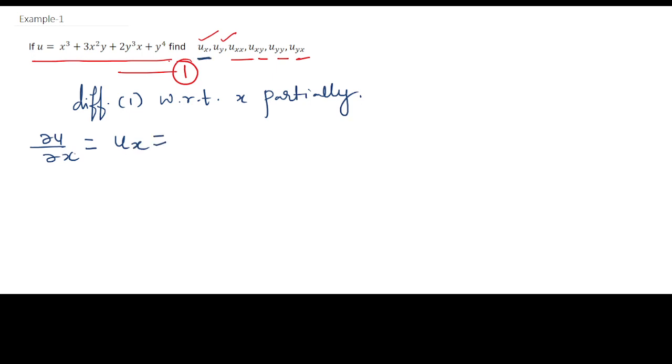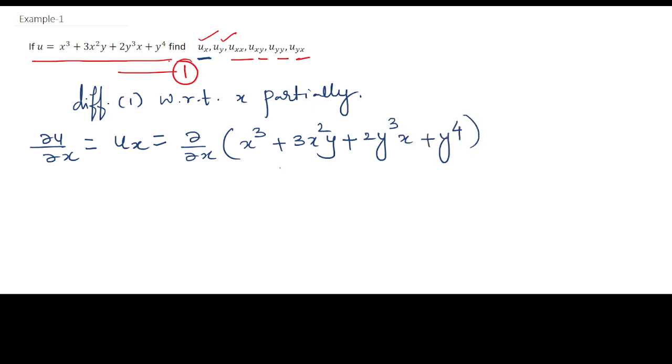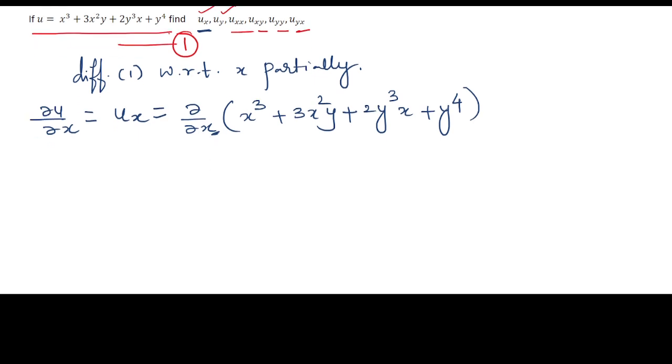So differentiation of u with respect to x means the partial differentiation of x cube plus 3x square y plus 2y cube x plus y raised to 4 with respect to x. Now here we have to treat y as a constant. While differentiating with respect to x, we have to keep y as a constant.